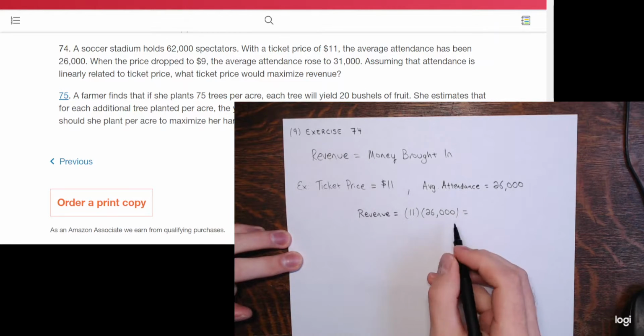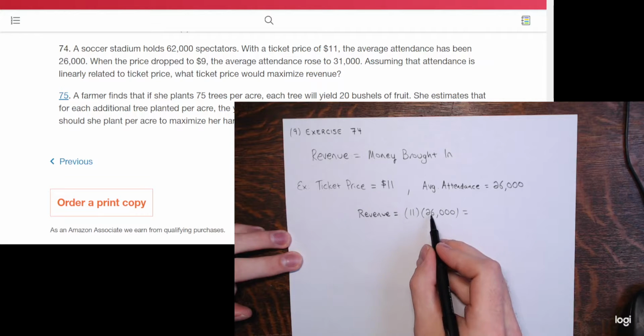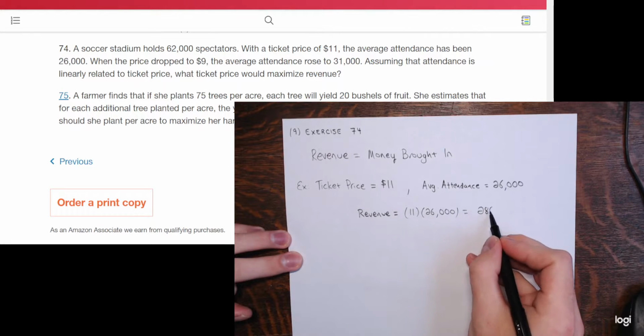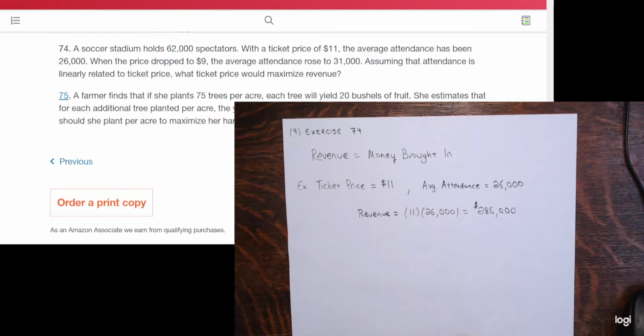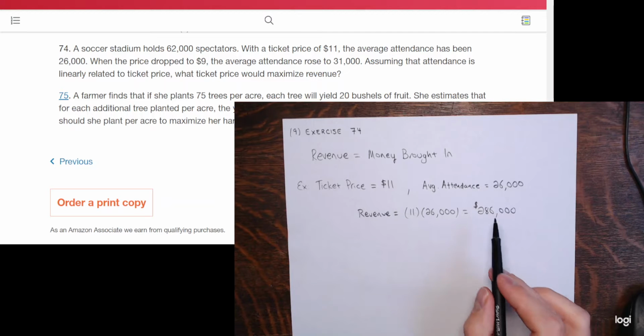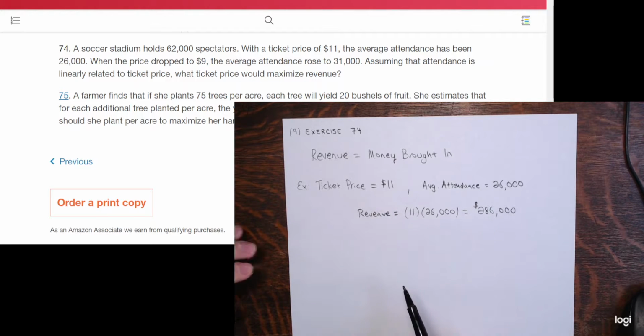Now 26 times 11 is 286, so $286,000 in revenue is brought in, on average, for the average game, when the ticket price is $11, right?